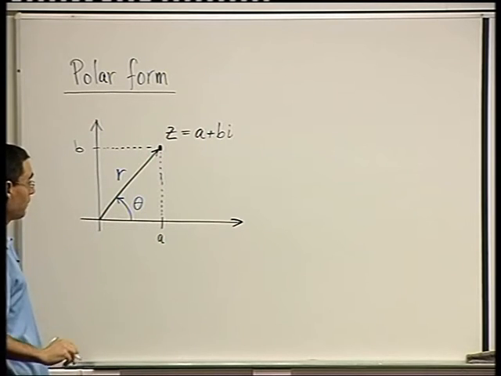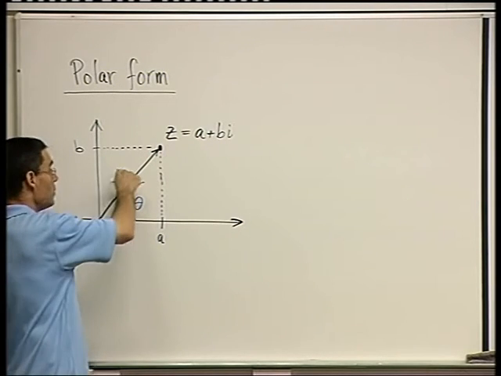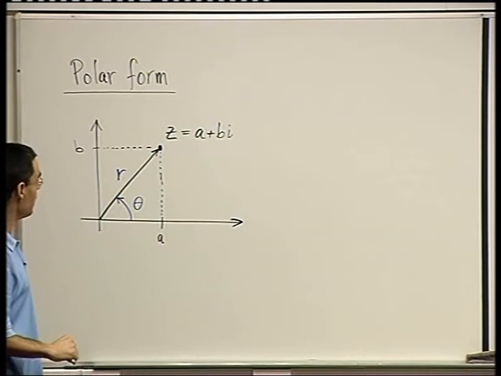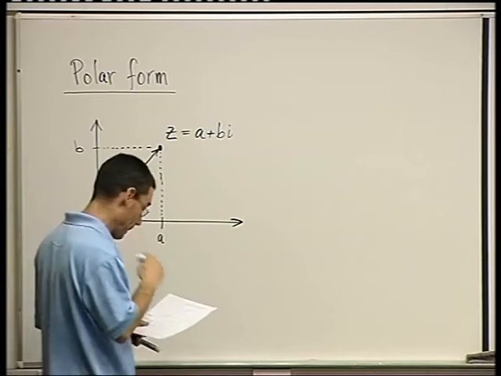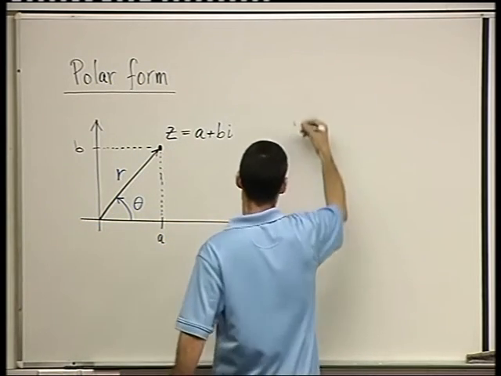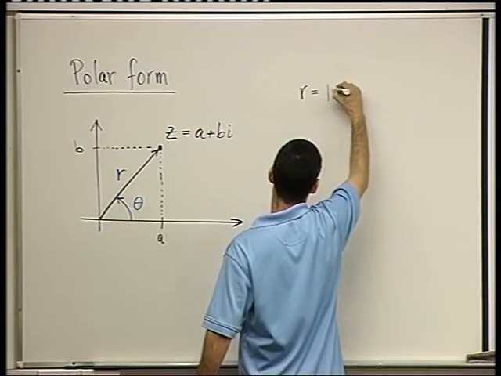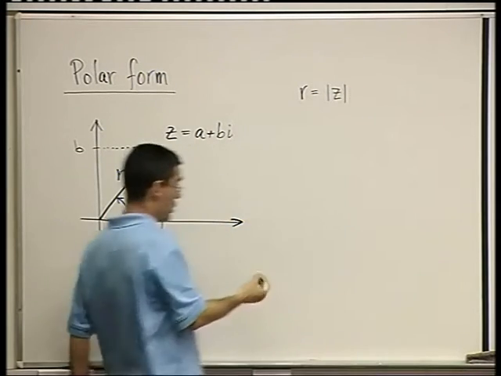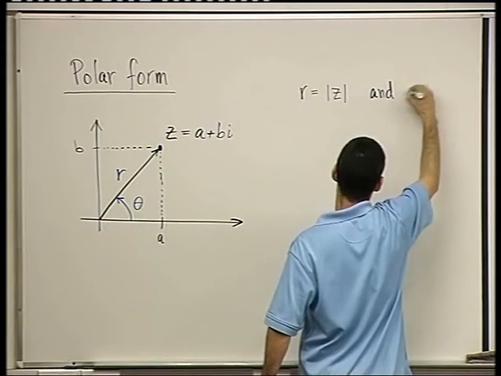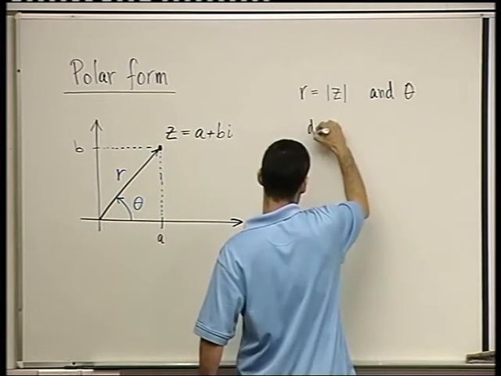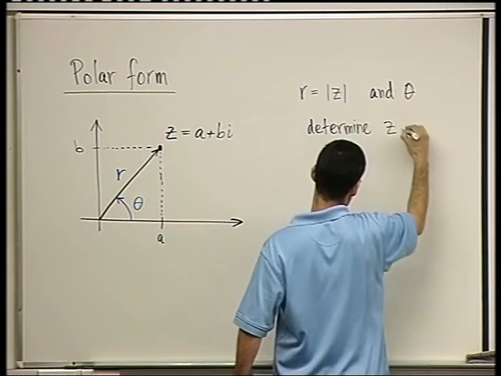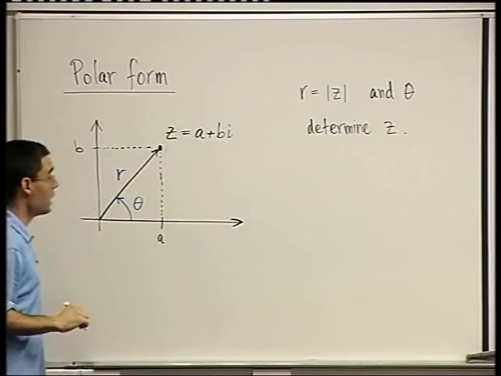That's the angle theta. And if you know theta and you know r, you know precisely this point. It fixes that point in a unique way. So maybe let's write this: r, which is just the modulus, or the length of z, and theta determine z. Determine what the number is.